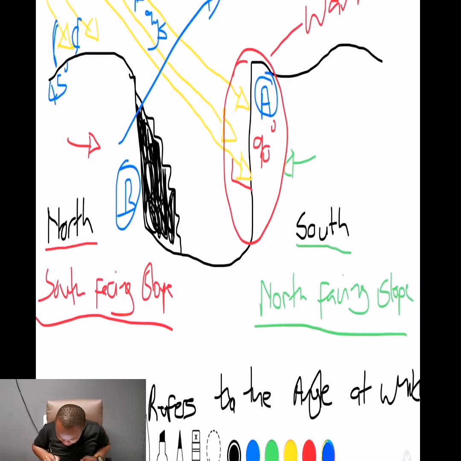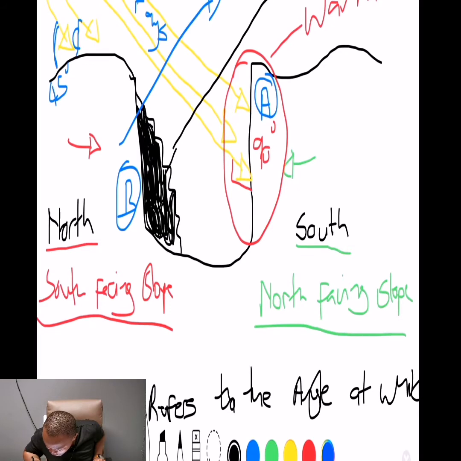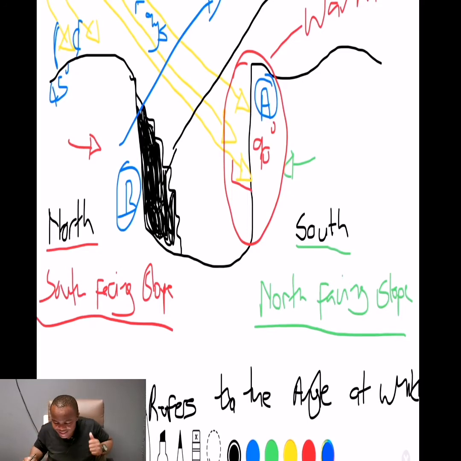And then again, you have this shaded area. This shaded area is called a shadow zone. Why is it called a shadow zone? Because it does not receive the insolation.